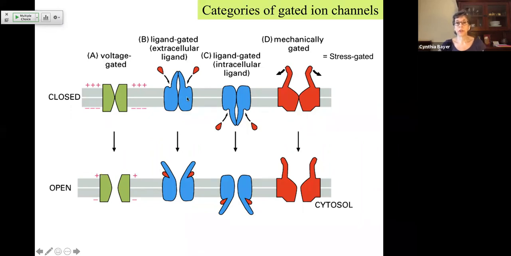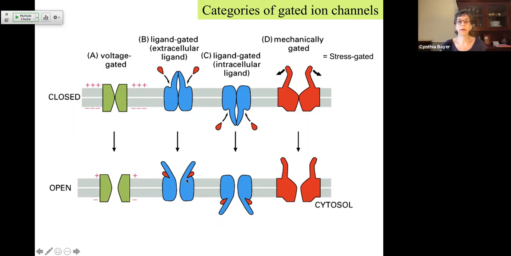Other types of ion channels are closed in their normal, or resting, state, but they can be opened if a ligand, some type of signaling molecule, binds to that protein, right? Because all these ion channels are transmembrane proteins. This ligand-gated channel means that in the absence of the ligand, it's closed.